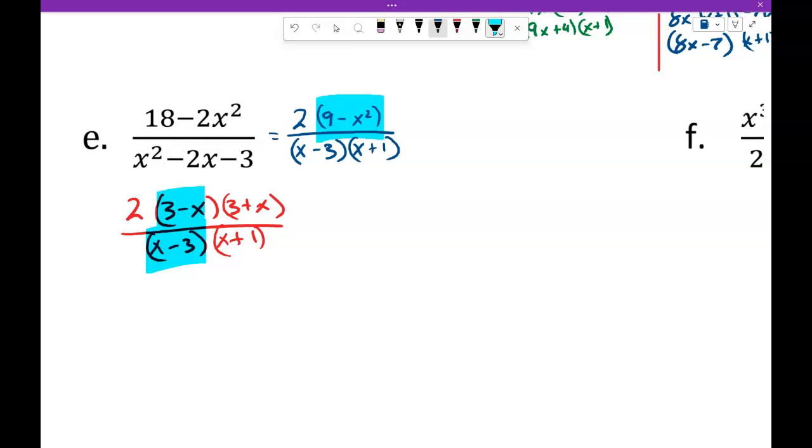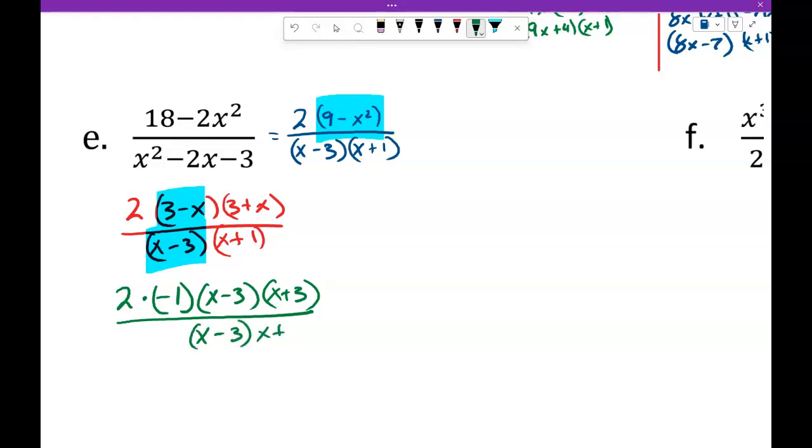We're getting closer to having a common factor, but not quite. Well, just like with the previous example, we have opposites here. So if we take a negative 1 and factor it out, then we get x minus 3, commutative property of addition for x plus 3. Now we have these matching factors in the numerator and denominator.